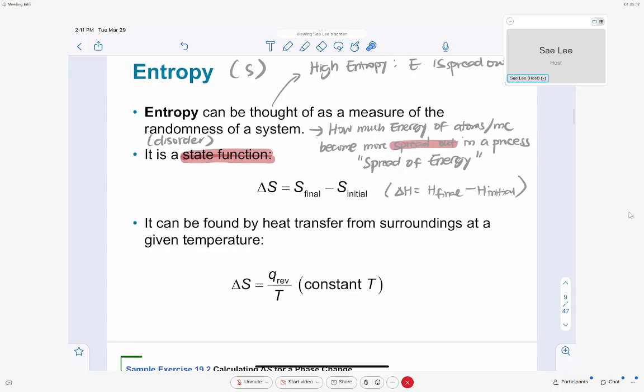And for a process that occurs at constant temperature, the change in entropy can also be found from the heat transferred in a reversible process divided by the constant temperature.